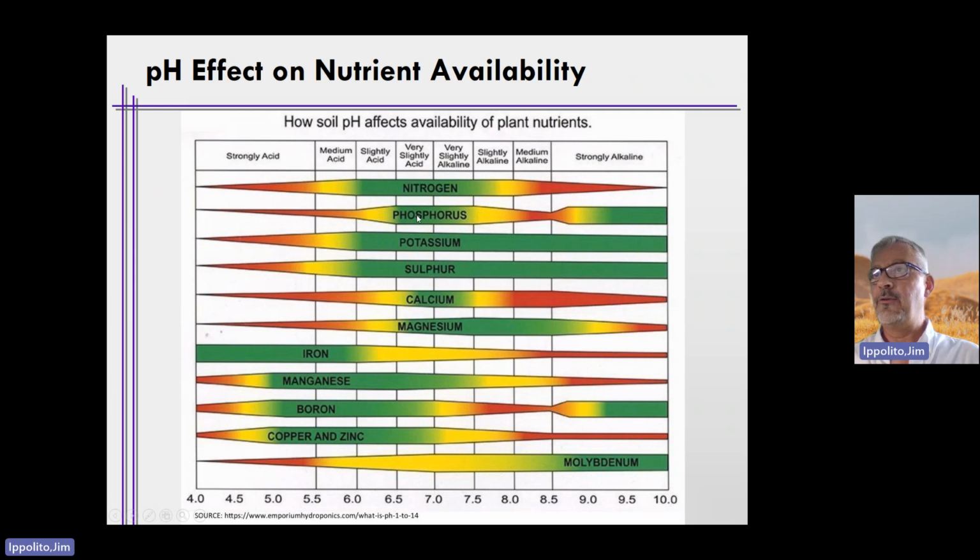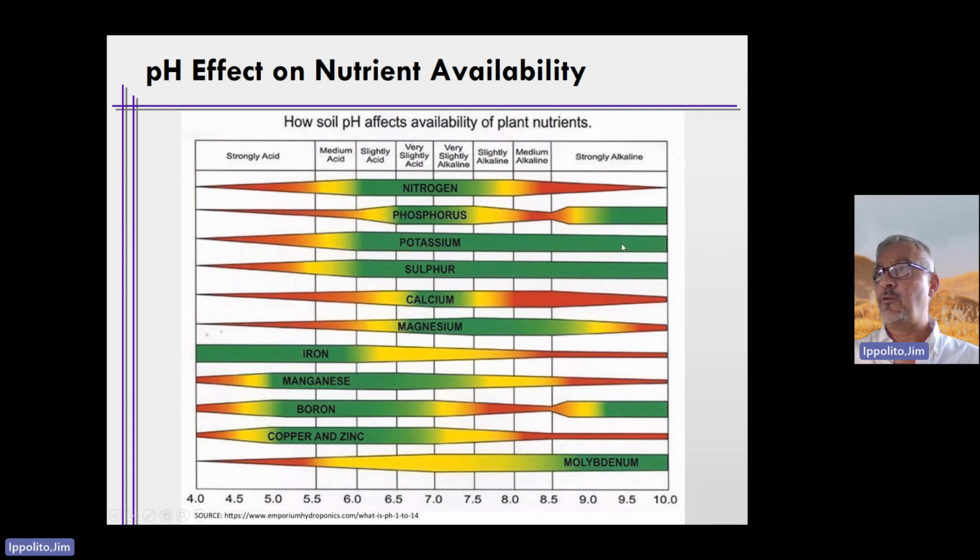That's because below 6.5, phosphorus loves to be tied up via formation of aluminum and iron mineral precipitates, so iron phosphates and aluminum phosphate mineral phases. And above about 7.5, phosphorus loves to form associations with calcium to form calcium phosphates, and those are insoluble minerals. So there's a sweet spot for phosphorus.